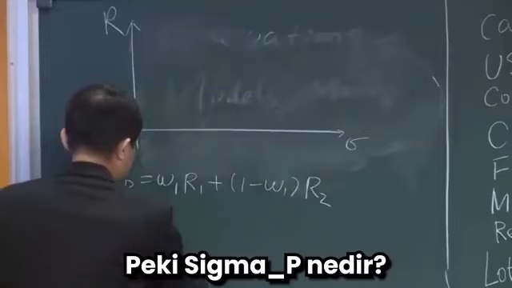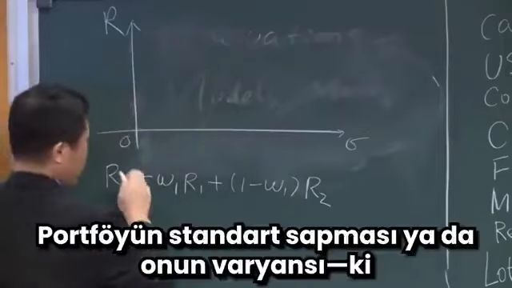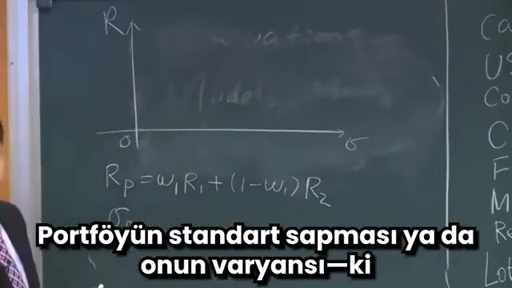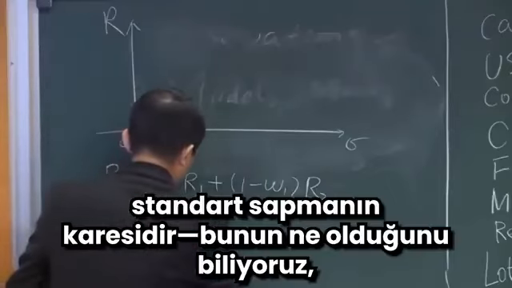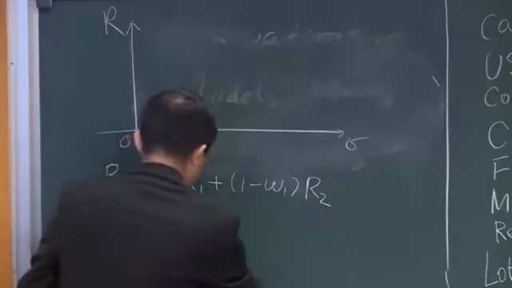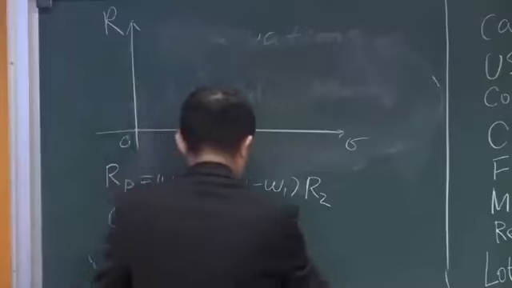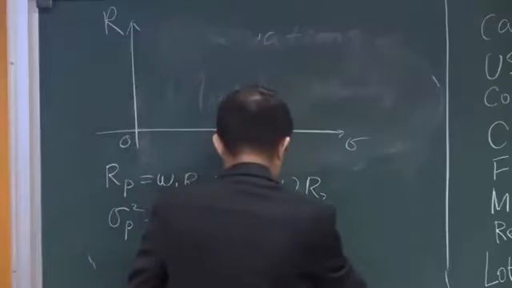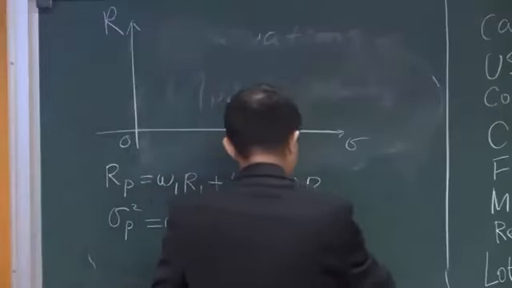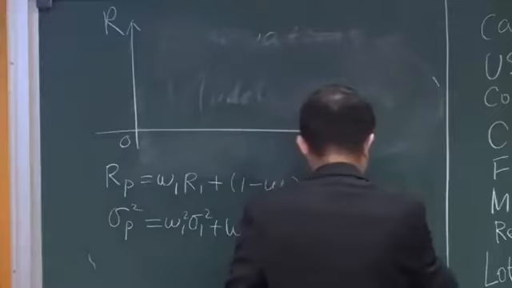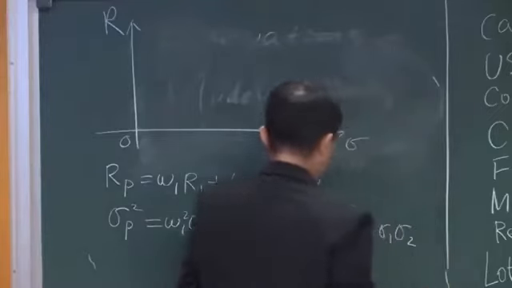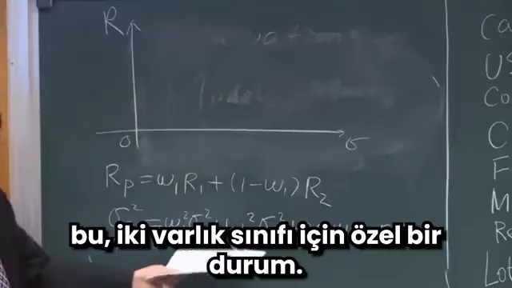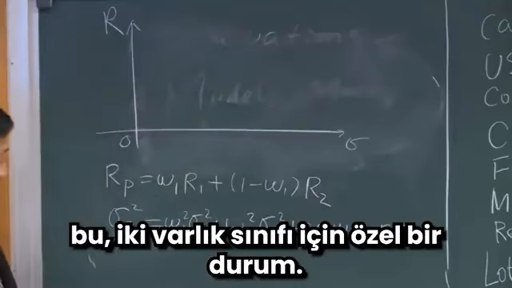And what is sigma P? The standard deviation of the portfolio, or the variance of that, which is squared, we know that's for the two asset class special case.